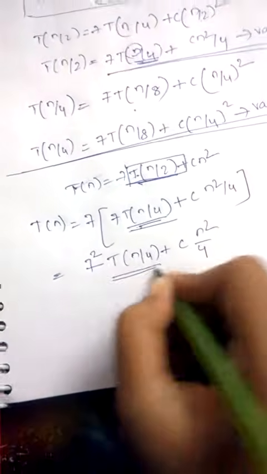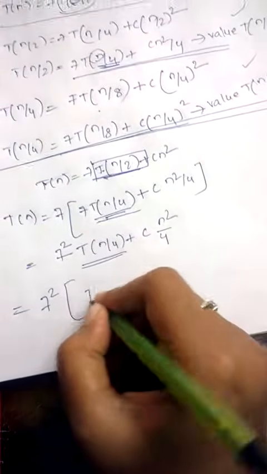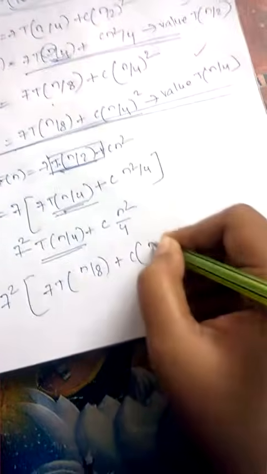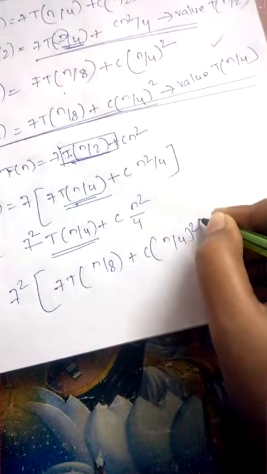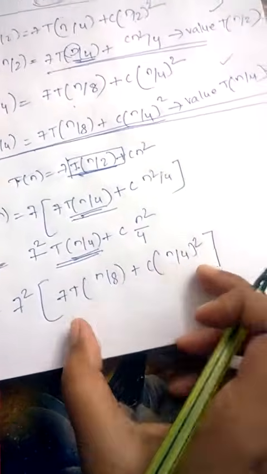Now instead of T of n by 4 I am substituting the value, this 7 square of 7T of n by 8 plus c of n by 4 whole square, plus cn square by 4.